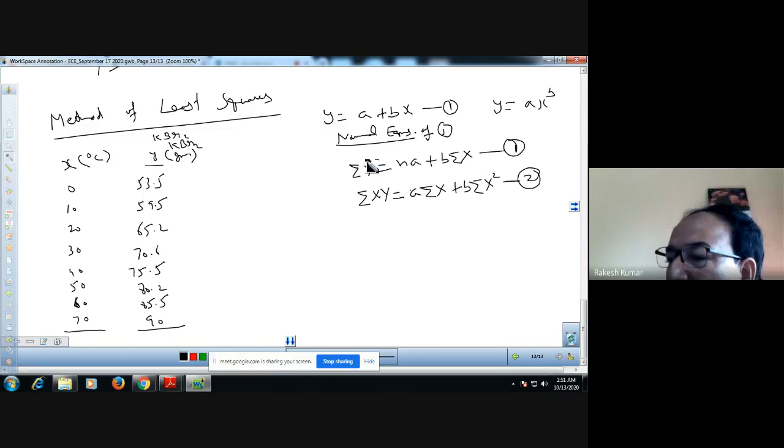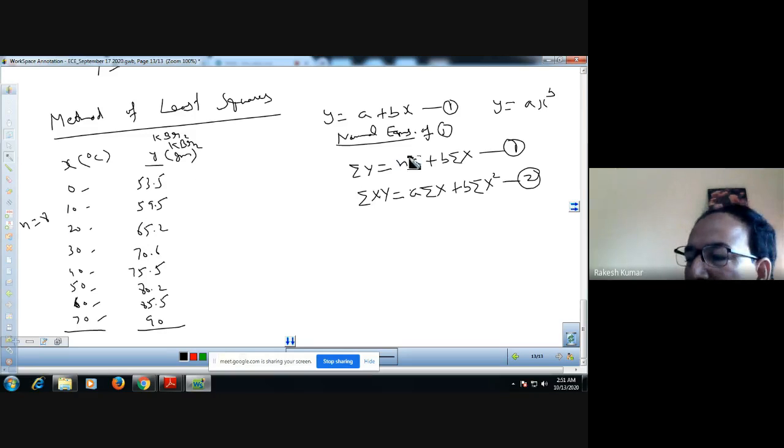You just see how to find it. For finding out the first normal equation, you just take the summation. Sigma small y will become sigma capital Y. When there is a constant, you will multiply it with n. N means the number of values: 1, 2, 3, 4, 5, 6, 7, 8. N is 8 in this case.